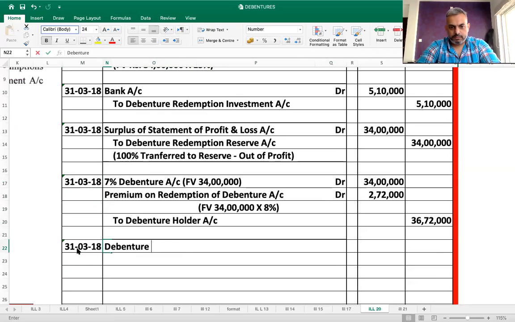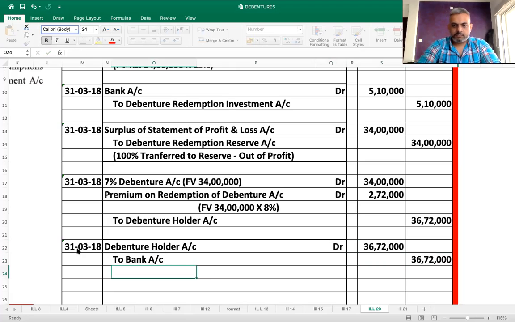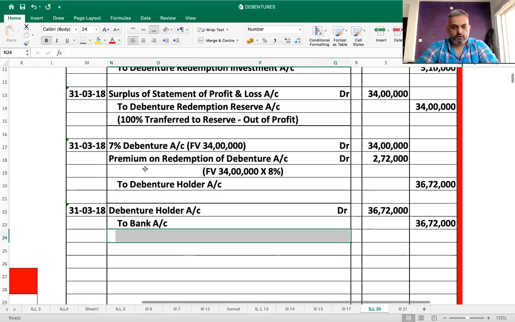Debenture holder, debit, 36 lakh 72,000 to bank account. So we have paid the debenture holder.